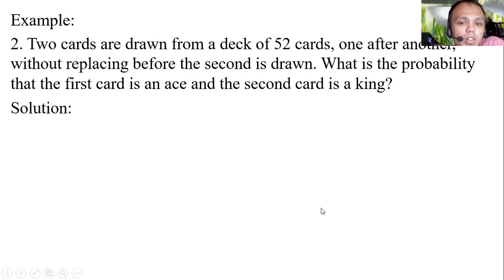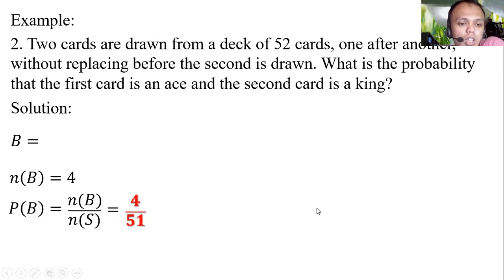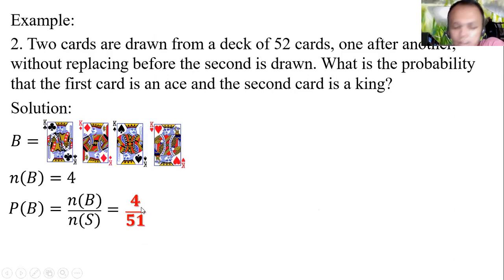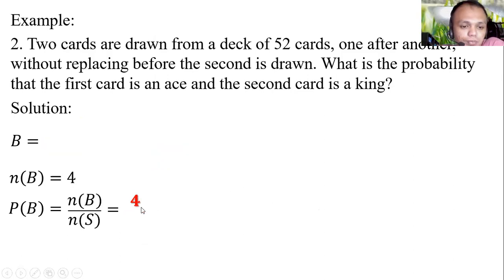And then for B, for king, event B, we have here 4 over 51. This is the difference. So we have 4 number of events for B. Then if we get the probability of B, the number of events is 4 and the number of sample space is instead of 52, we have 51 na.